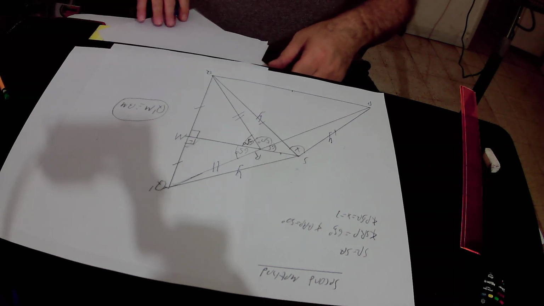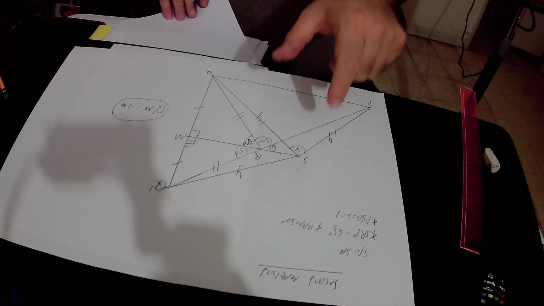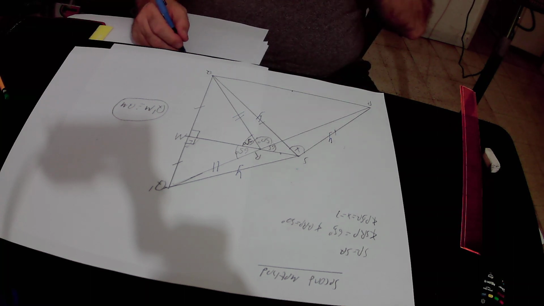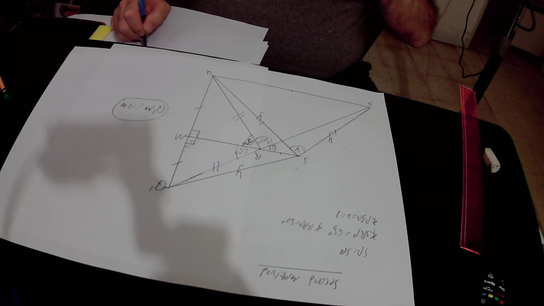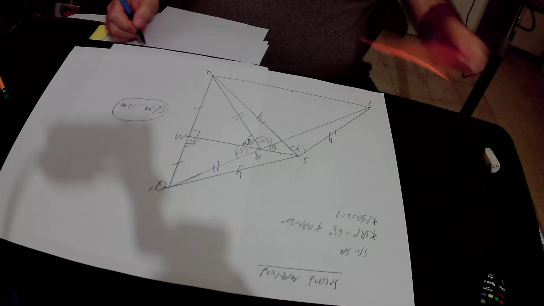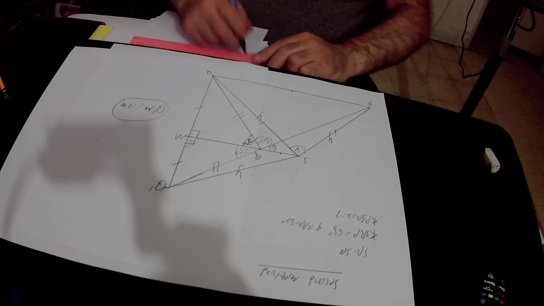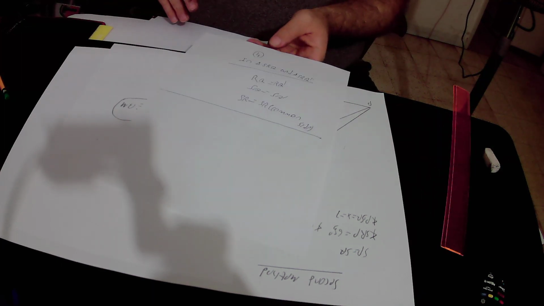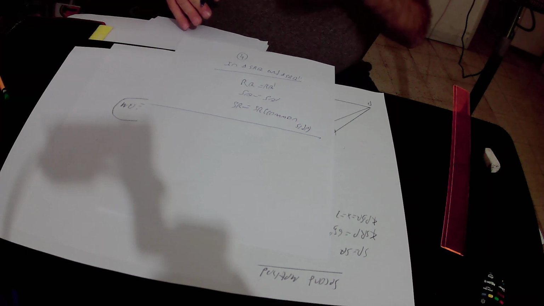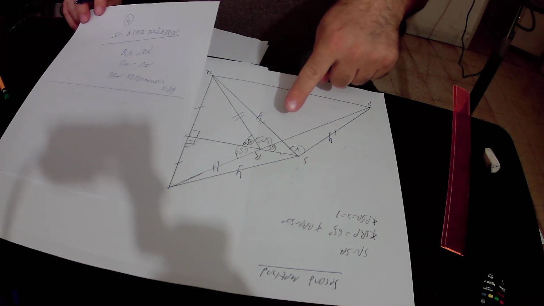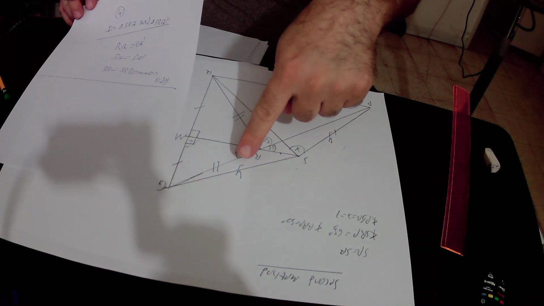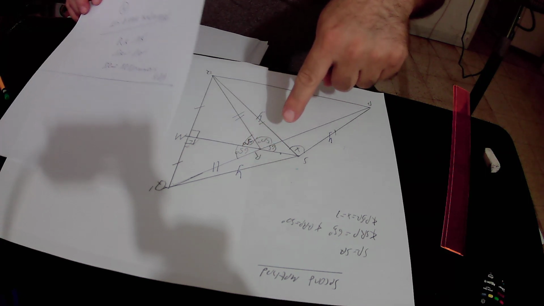And we also have a common side. SR is a common side, it belongs to both triangles, so we can write down that SR equals SR is a common side. So we actually proved that three sides of triangle SRQ are correspondingly equal to three sides of triangle SRQ dash.